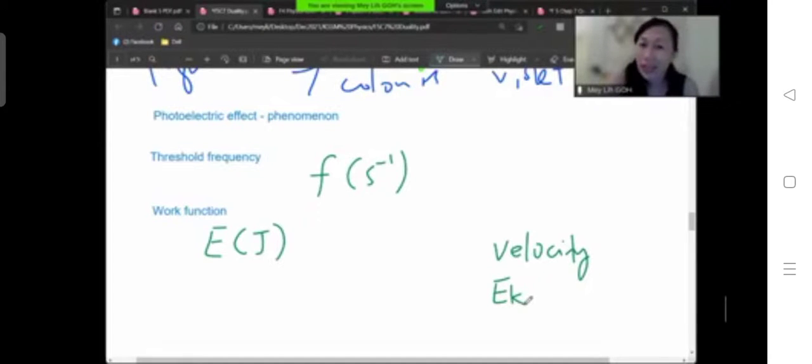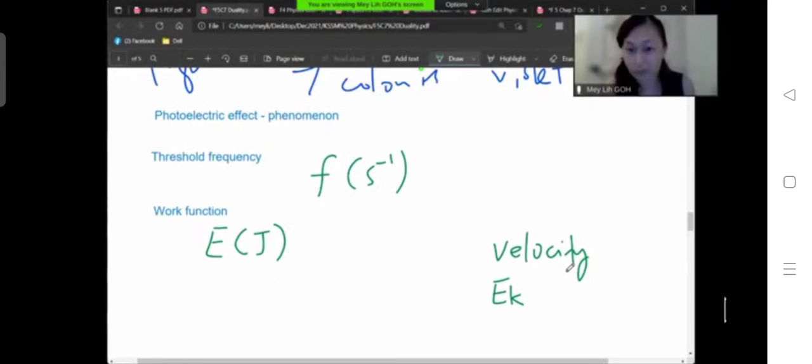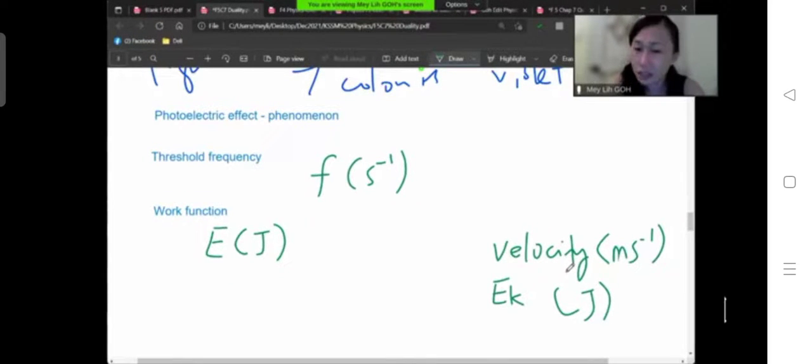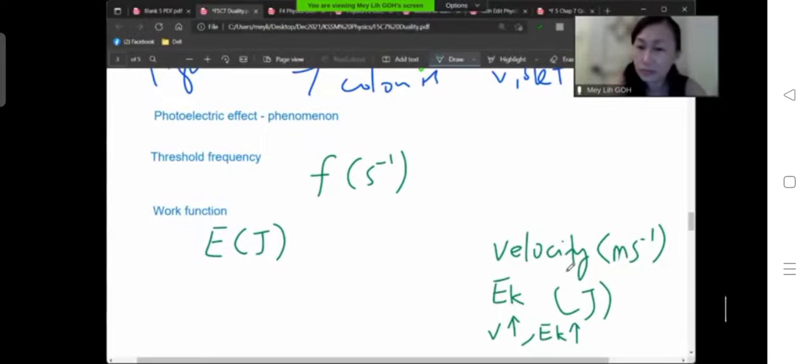They are killing you because of the bullet. Just different measurement. Velocity, we use meter per second. Kinetic energy, we use joule. Are they related? Yes. The higher the velocity of the bullet, the higher the kinetic energy. So if a high velocity bullet shoots you, then you die, because the bullet has high kinetic energy.